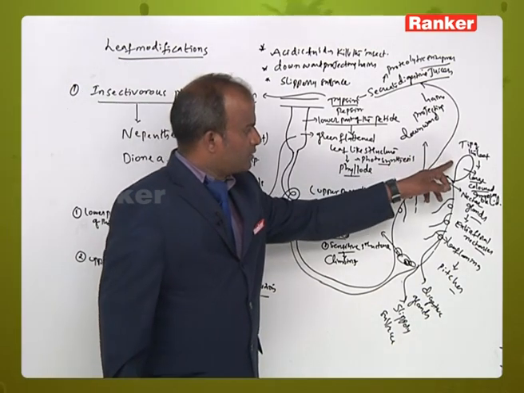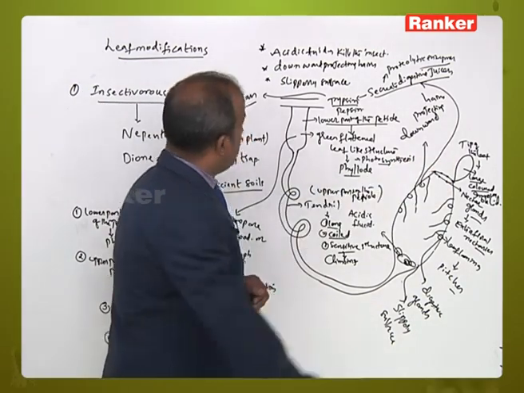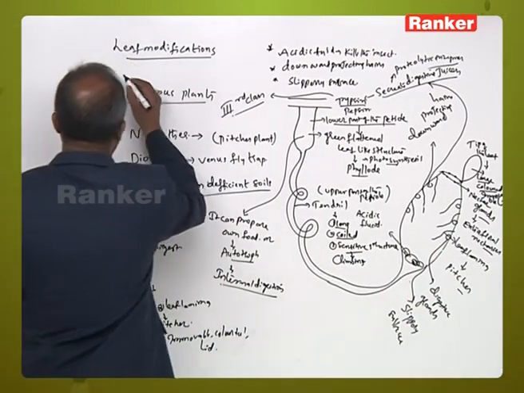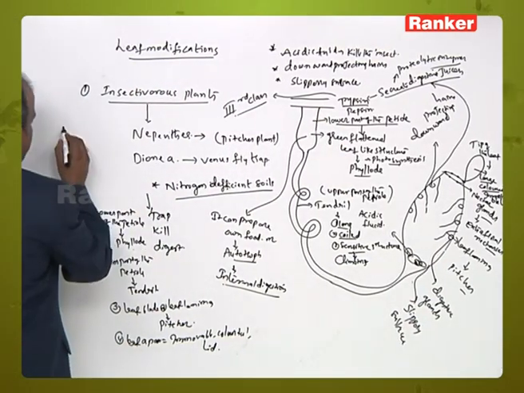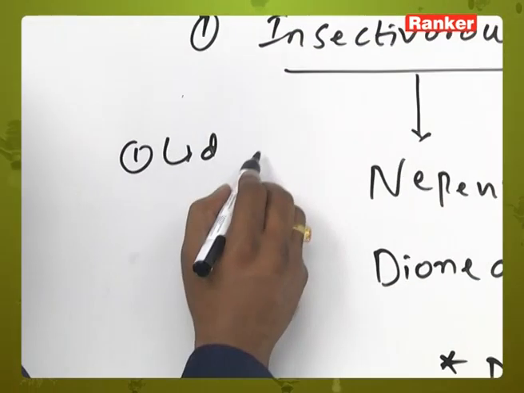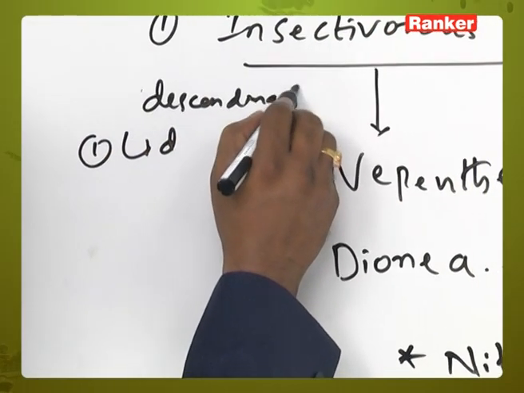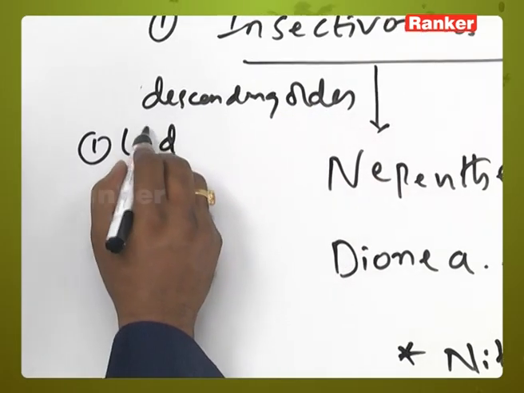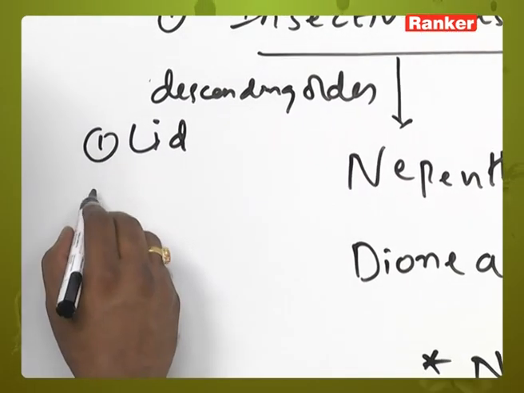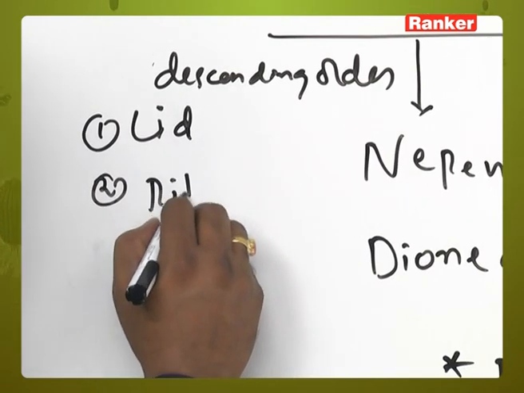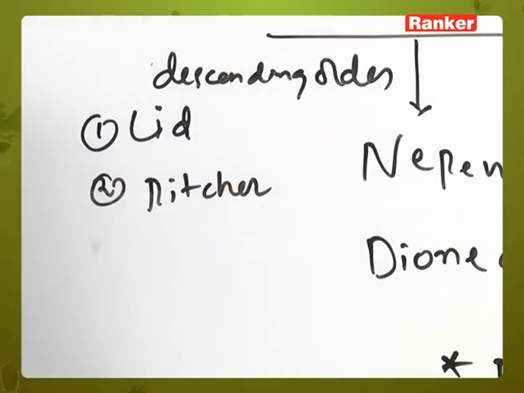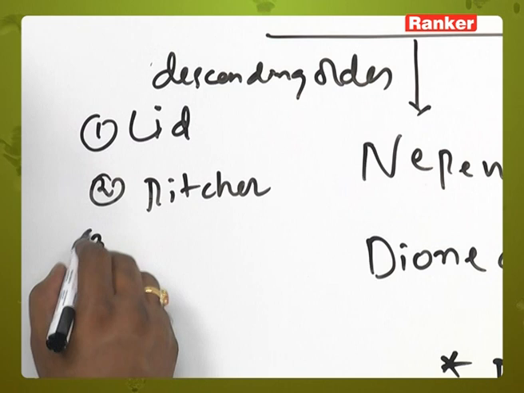In descending order, the first one is the lid. The second one is the pitcher. And the third one is the tendril.